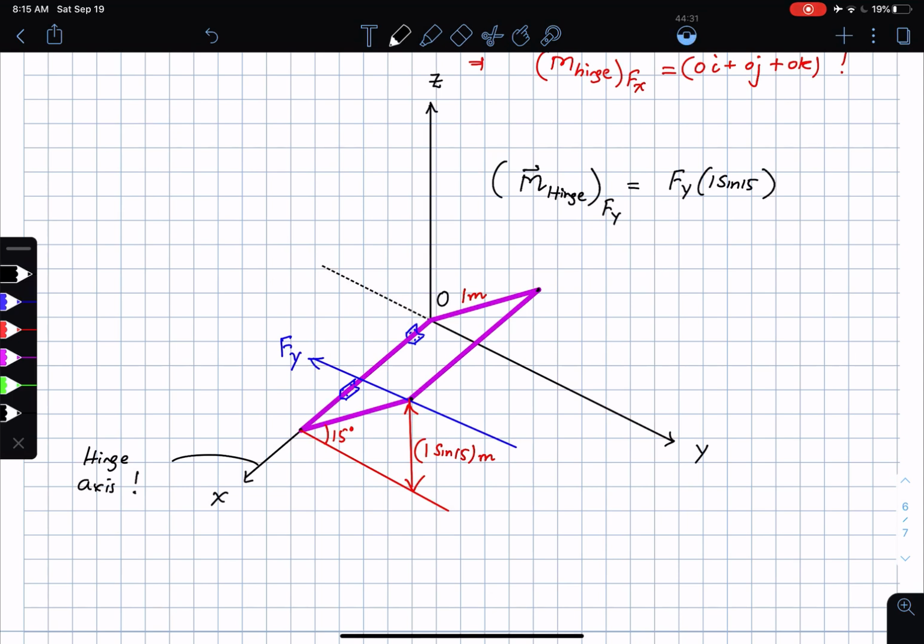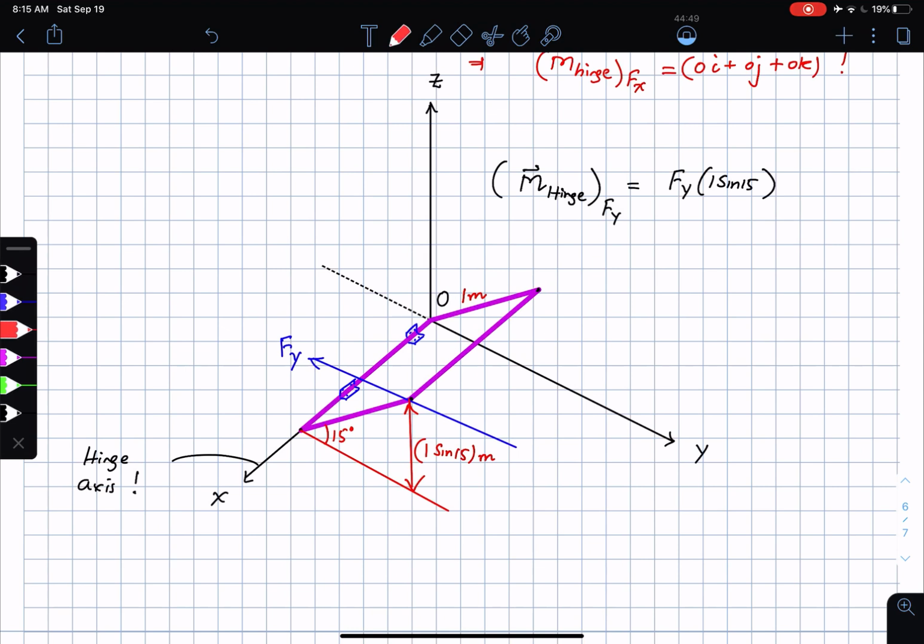And then if I use the right hand rule, fingers of my right hand aligned with the force Fy, my palm is facing the axis of interest. So your palm is actually facing down on your paper or your iPad as you're doing this. Curl your fingers, your moment is going to be pointed along the positive x-axis.